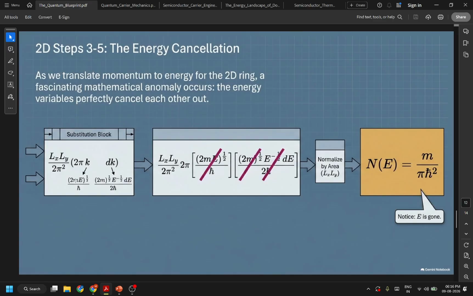We replace k and dk by their formulas, and this will remain the same as before. Here it's E to the power half, here it's E to the power minus half, so this cancels out. Here it's 2m to the power half, here it's 2m to the power minus half, that also gets cancelled out.